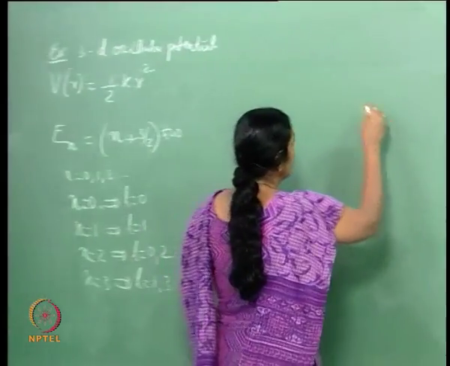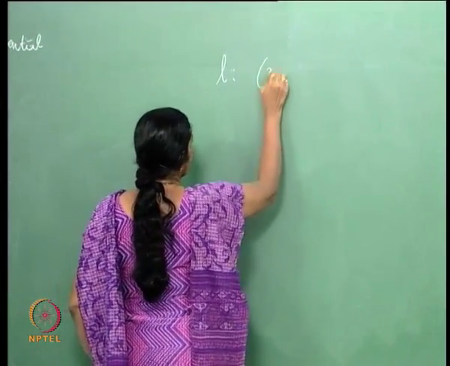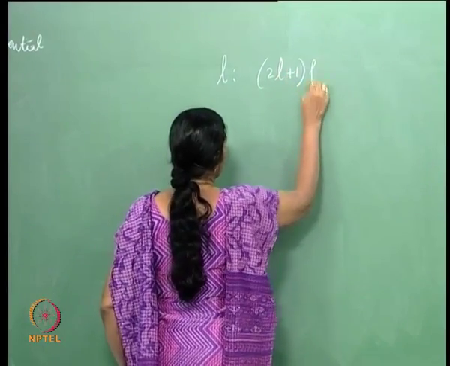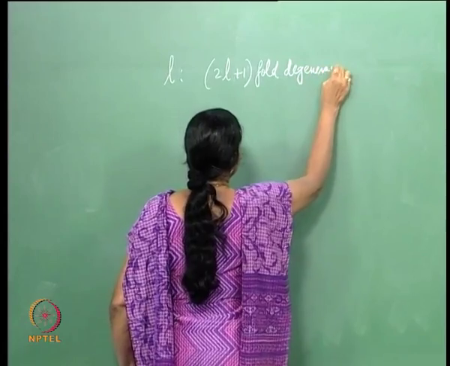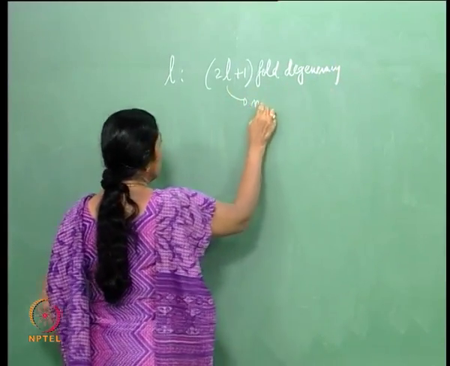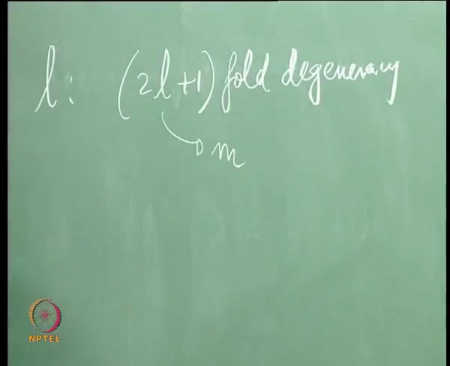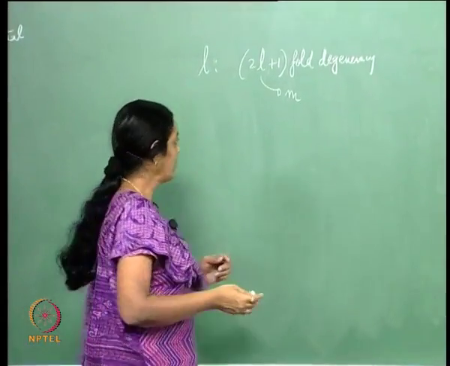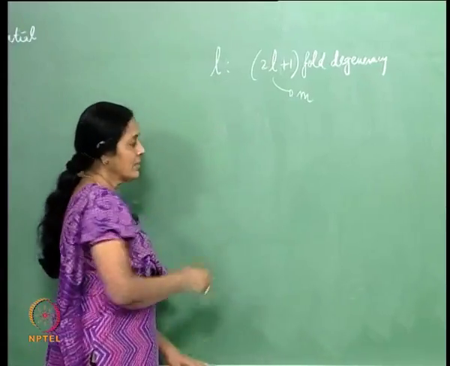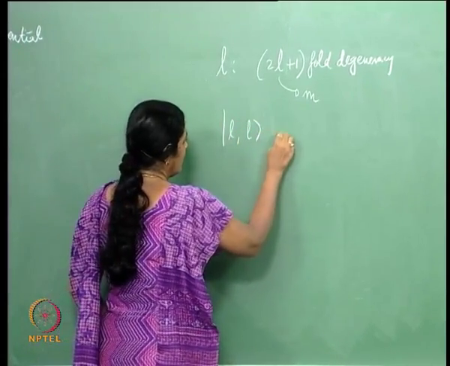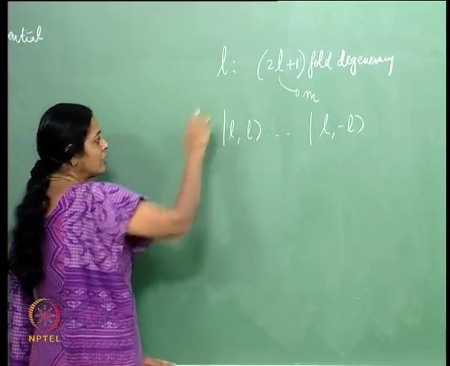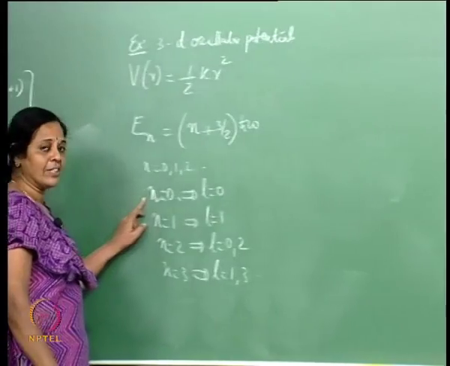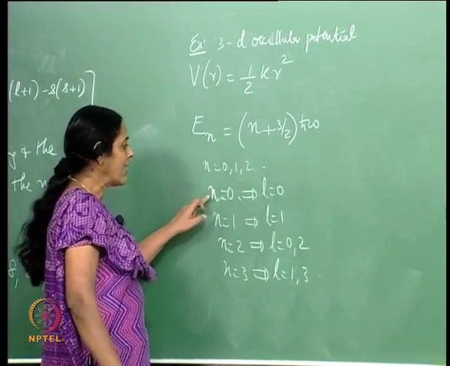Therefore, for a given value of L, there is a 2L plus 1 fold degeneracy because of M. So, for a given value of L, there are 2L plus 1 states ranging from M equals L to M equals minus L in steps of 1, and all of them would correspond to the same value of L and N.